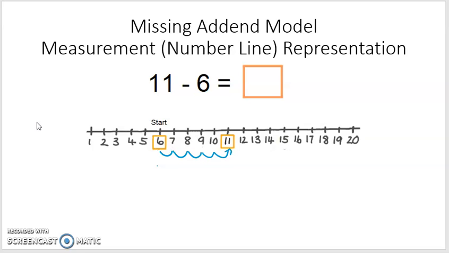So if I start at 6 and I walk up the number line by 5 steps, remember when you're adding on the number line, you're walking to the right. So what do I need to add to 6 to get to 11? I need to add 5. That means that 11 minus 6 is 5, or 5 is the missing addend.